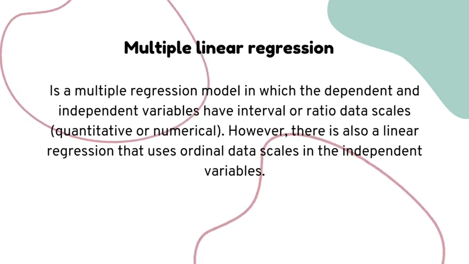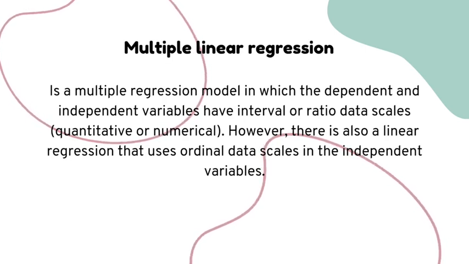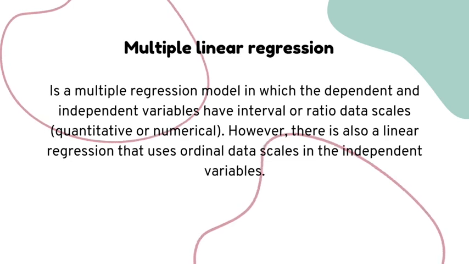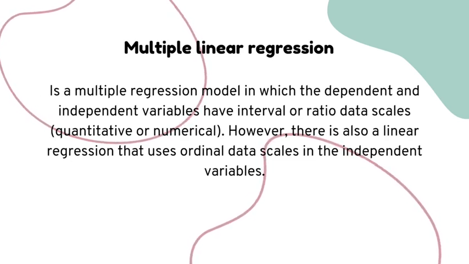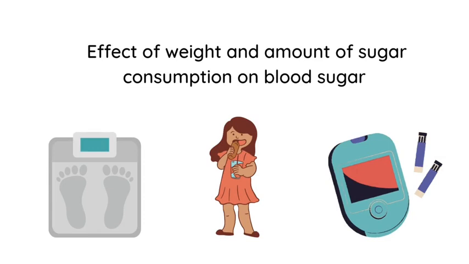The regression is known as multiple linear regression with dummy data variables. Remember, the dummy data lies in the independent variable, not in the dependent variable. An example for this regression is the effect of weight and amount of sugar consumption on blood sugar.